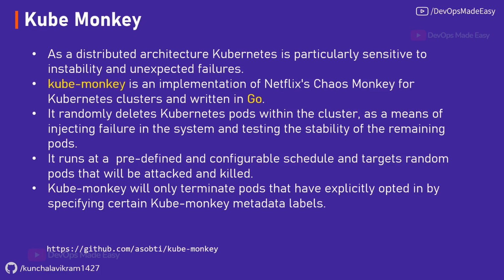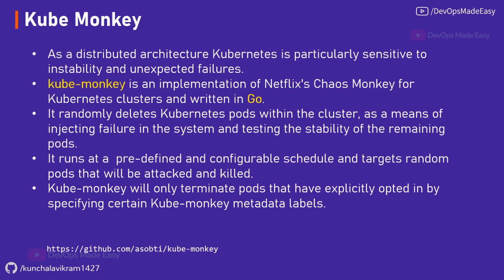What kube-monkey does is randomly delete Kubernetes pods within a cluster. This is as good as injecting failures into the system and then testing whether you're able to access your application or not. Just like Chaos Monkey, kube-monkey runs on a predefined and configurable schedule, and it targets some of the pods from a namespace.